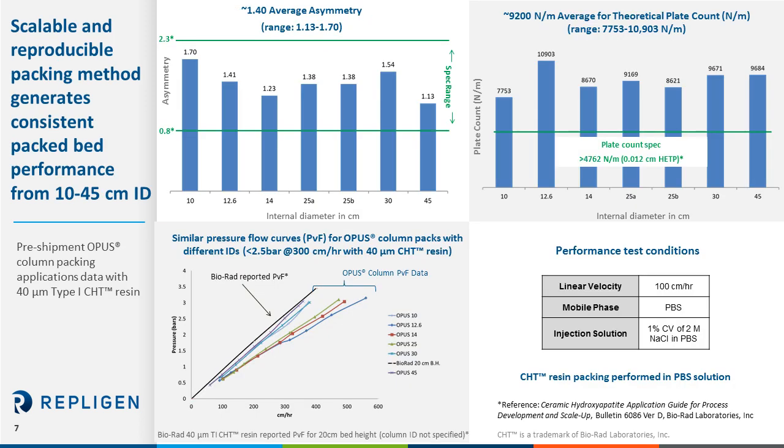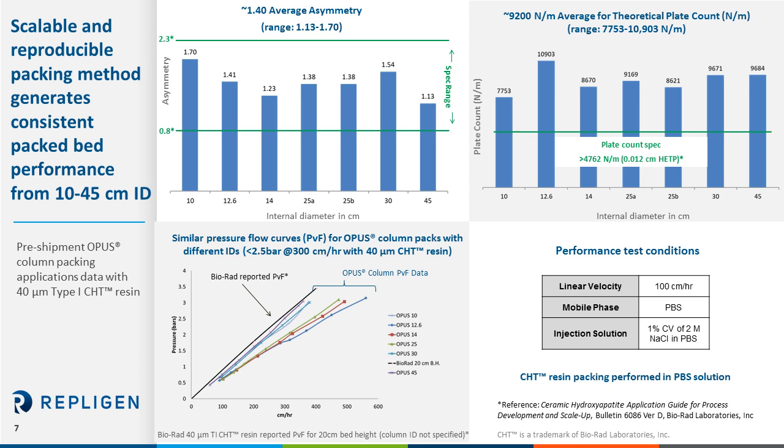On the next slide, we have some of our internal applications data at Repligen where we've packed columns, and this data is all before shipping, looking at asymmetry as well as plate count. Asymmetry is on the left, plate count on the right.